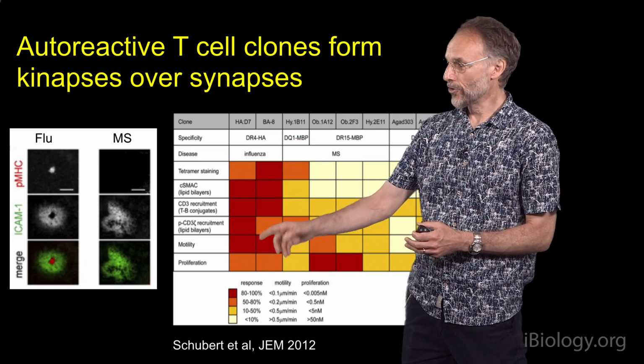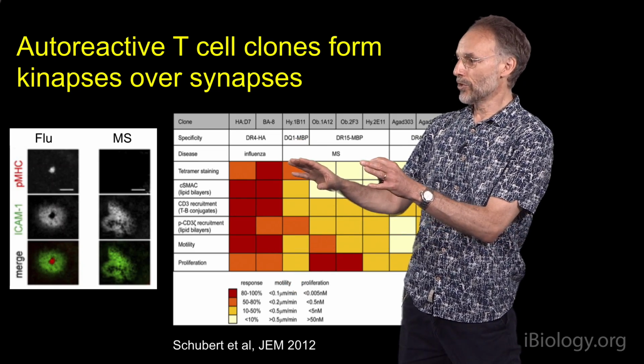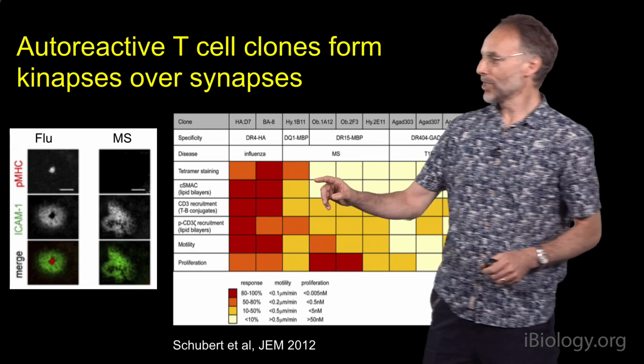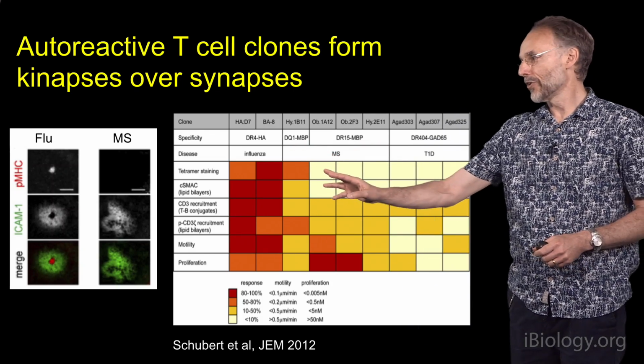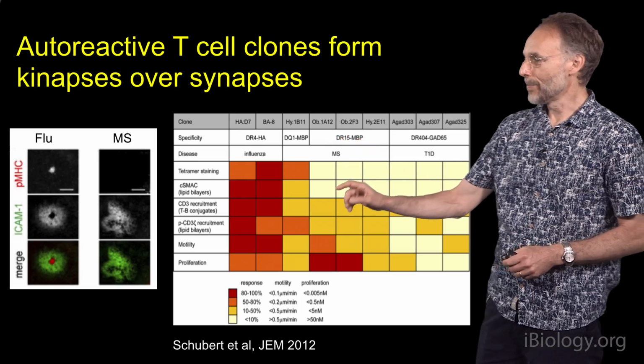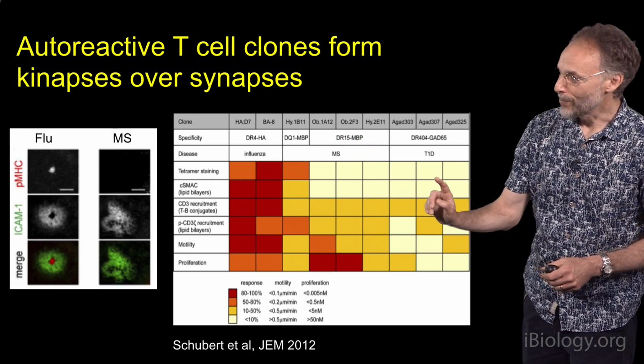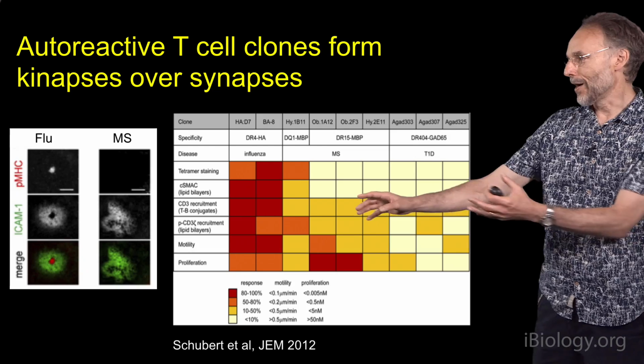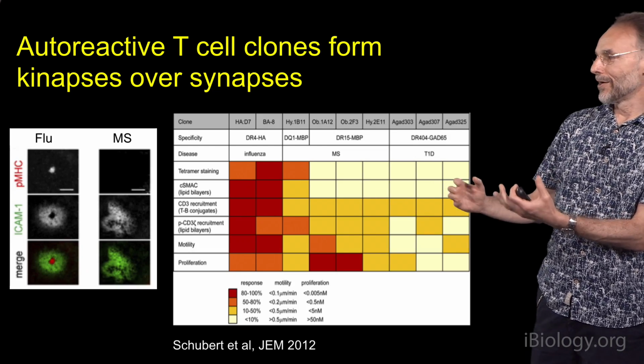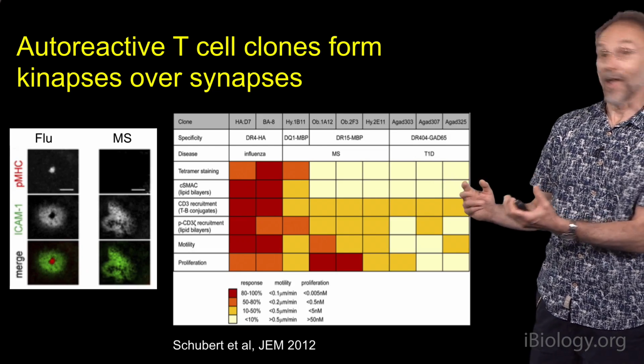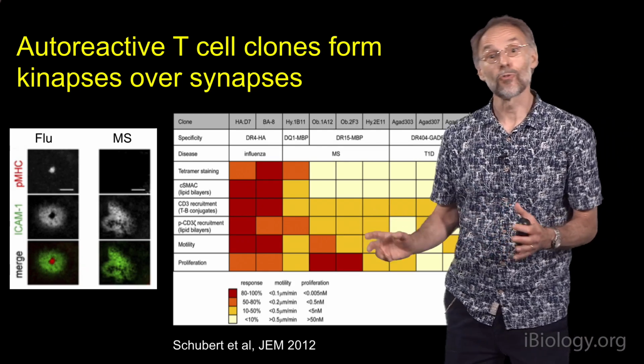The red and orange all say that these are attributes of stable synapse formation. And then as you go into these different clones, indicated up here in the multiple sclerosis or type 1 diabetes setting, you see progressive defects in this immunological synapse formation process.